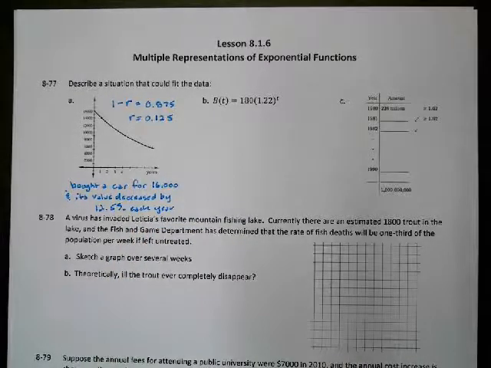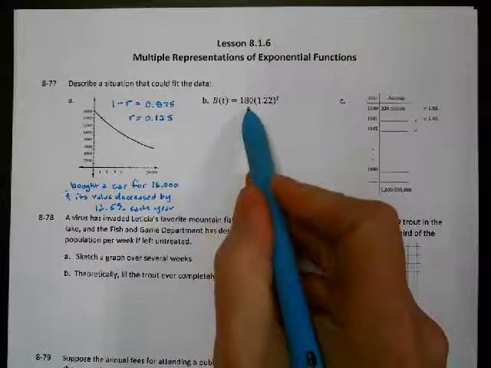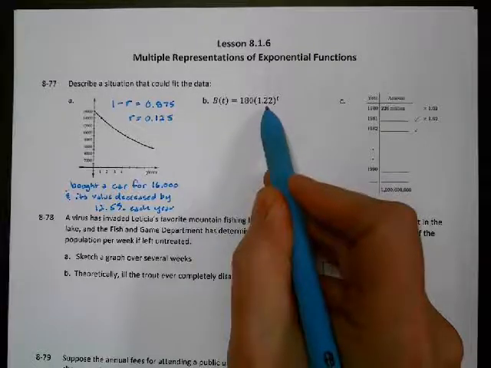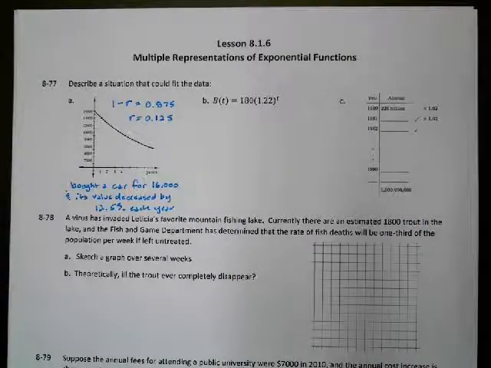Next one, we've got 180 times 1.22 to the t power. All right, so what could be 180? And then we add 22% to it. So this is going to be an increasing function. So it's going to be increasing by 22%.